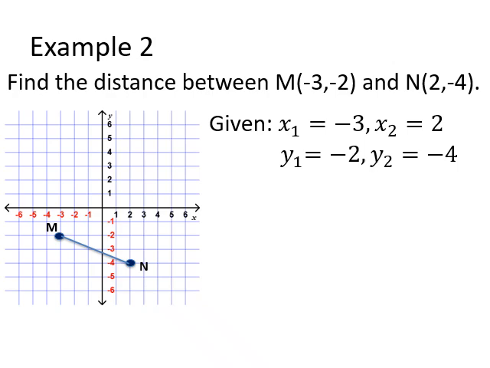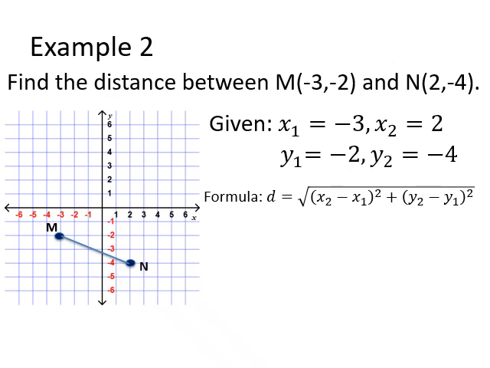So, given x sub 1 equals negative 3, x sub 2 is 2. Again, the first coordinates, or the x coordinates, of each point. And then y sub 1 equals negative 2, y sub 2 equals negative 4. So the formula of the distance is equal to the square root of the square of the horizontal distance.